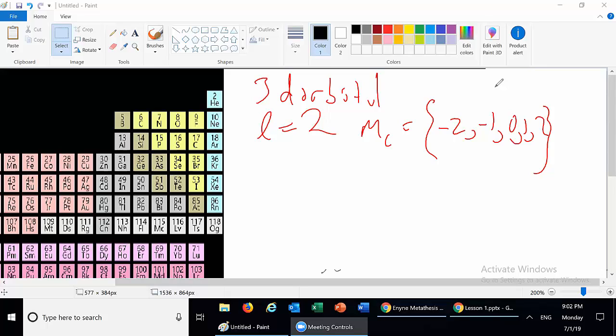Because these orbitals are what we call degenerate, since they have the same energy. Remember, all m sub l determines is the orientation in space. It doesn't determine the shape or energy of the orbital. So all the orbitals with the same values of n and l have the same energy.